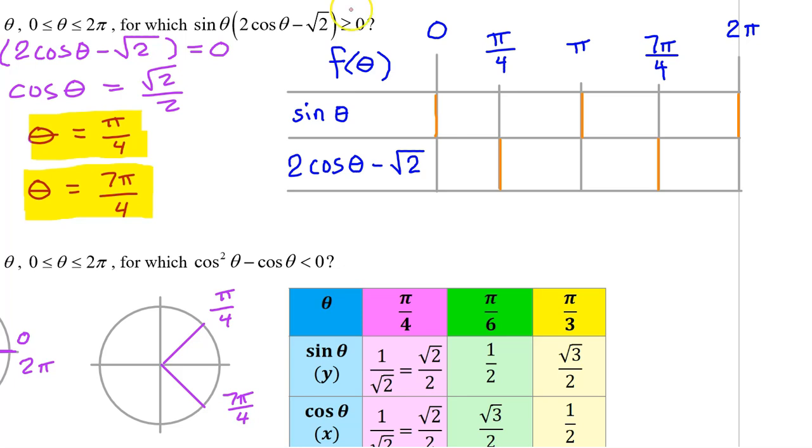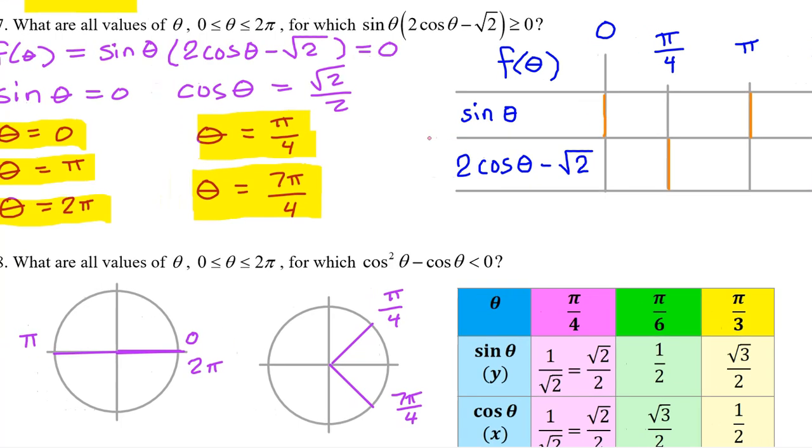Let's go back and decide whether sine theta is positive or negative in each one of these 2 intervals. So in the interval from 0 to pi, which remember goes from here all the way to here, I can use any value I want in this interval. The easiest one to use would be pi over 2 right here at the top. Sine is the y value, and the y value at pi over 2 is 1.